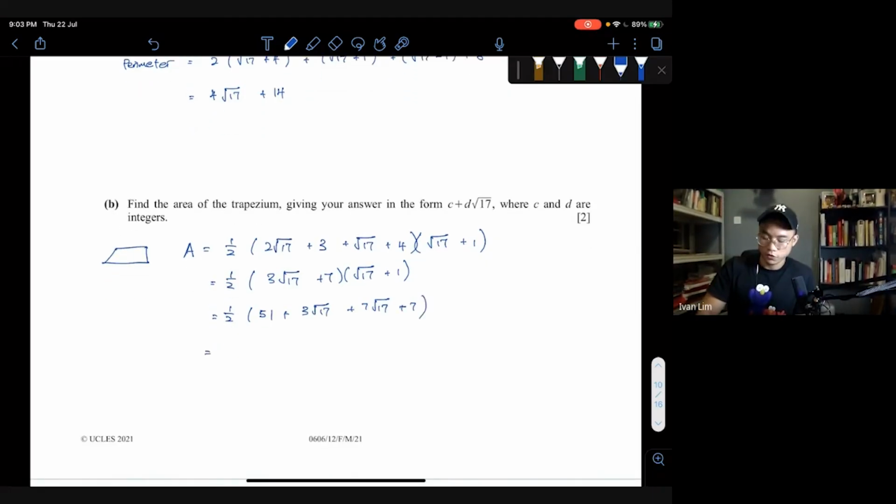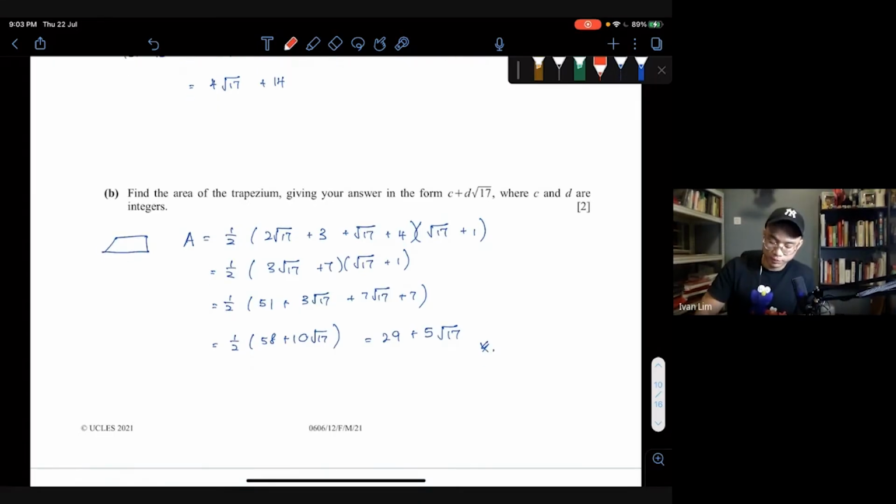You'll get half of 58 plus 10 root 17, which equals 29 plus 5 root 17.